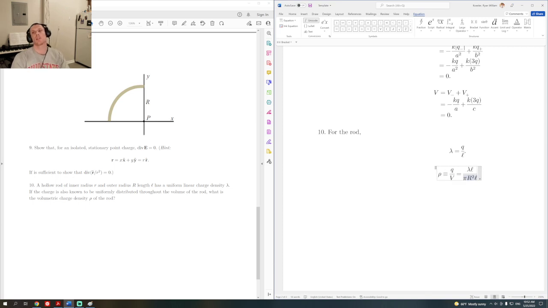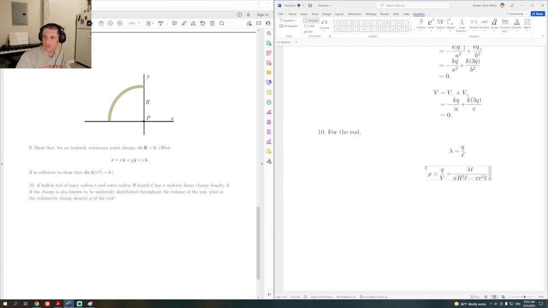This is the volume of the full rod, assuming that it's not hollow. So we have to subtract off the volume that isn't there because it is in fact hollow, like this.